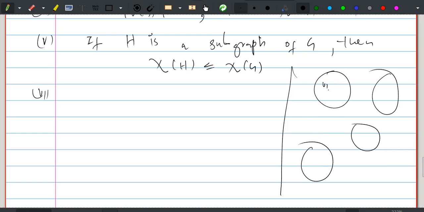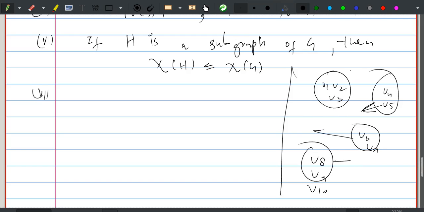Suppose we have vertices v1, v2, v3 here, v4, v5, v6, v7, v8, v9, v10. Suppose this component has 3 vertices, this has 2 vertices, this has 2 vertices, and this has 3 vertices. Let us put one more vertex here, v11. So this is 4, this is 2, this is 2, this is having 3 vertices.